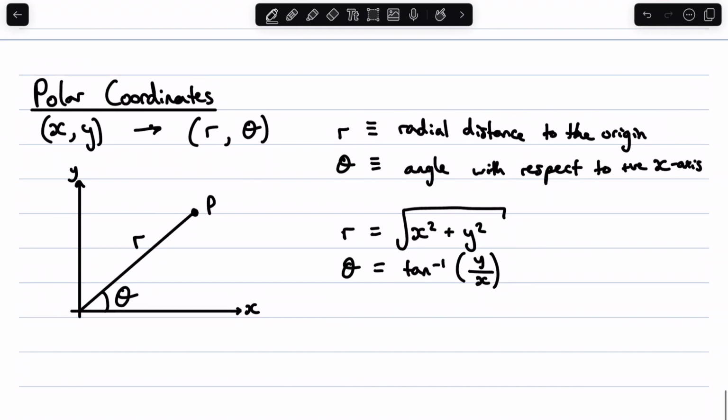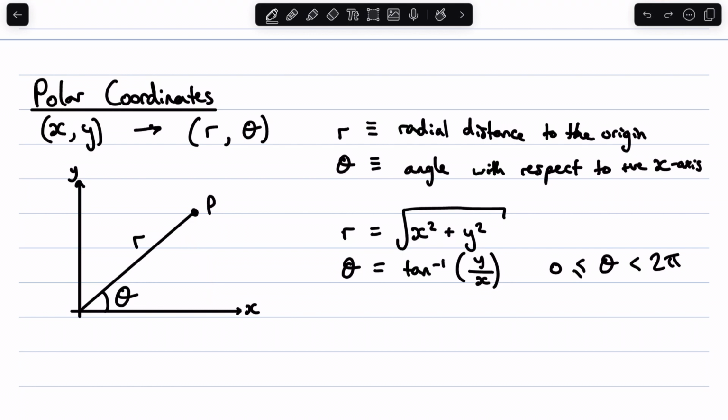These theta values are going to go from 0, where it's pointing along the x-axis, up to 2 pi. And obviously when it is 2 pi, that's also the same as 0, pointing along the x-axis. So you can see it will just traverse round in a circle.